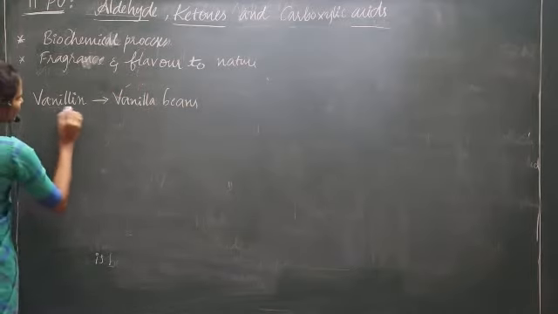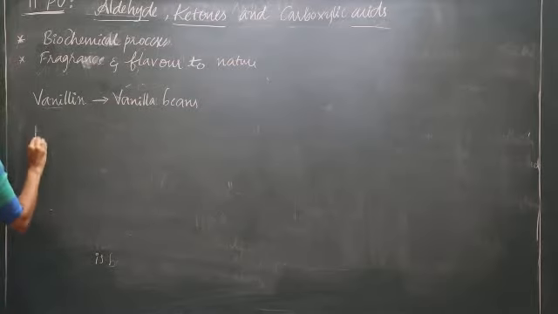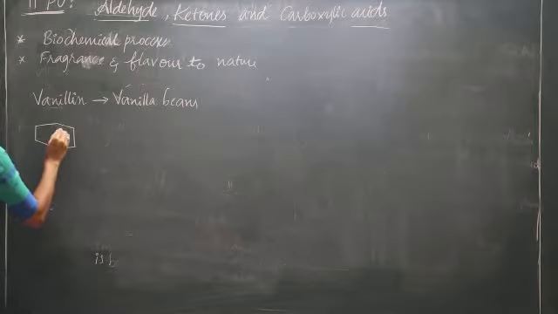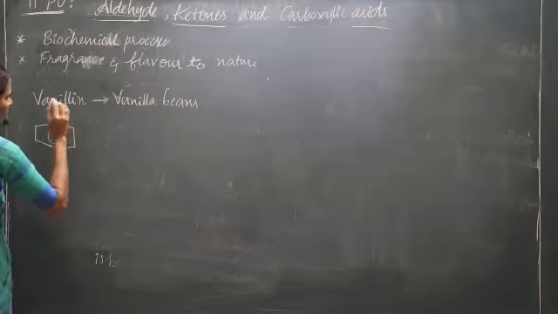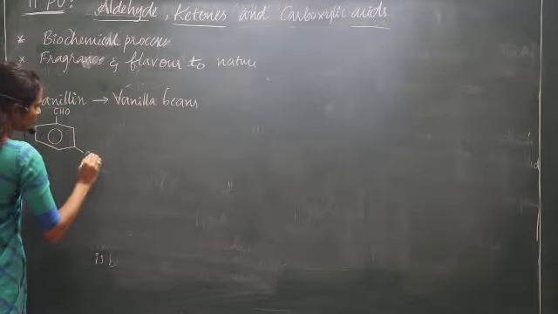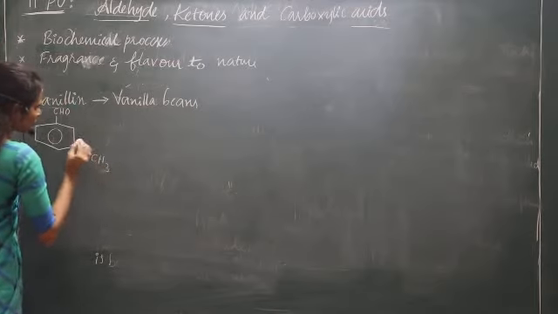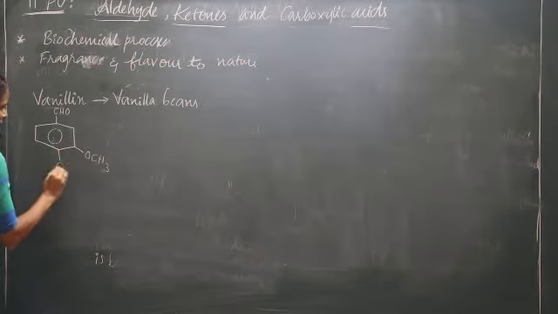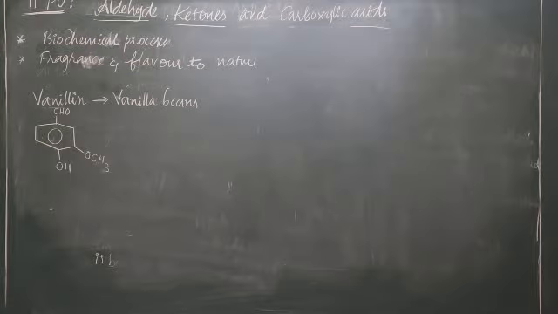The compound name is vanillin. The structure of vanillin is one of the aldehydes. At the meta position, a methoxy group is present, and at the para position an OH group is present. This is about vanillin present in vanilla beans.